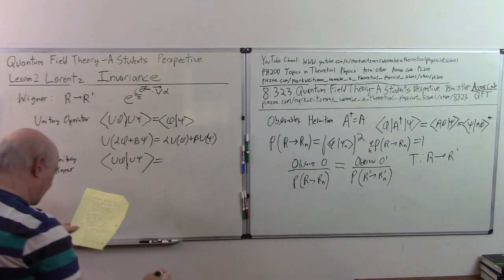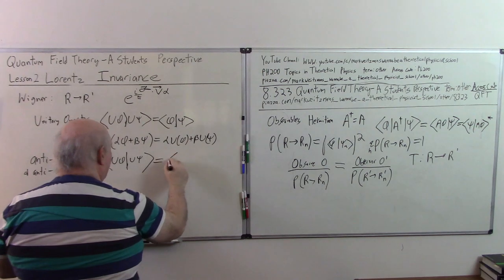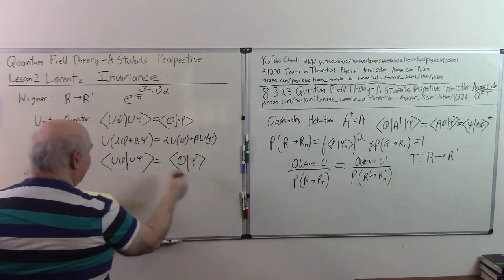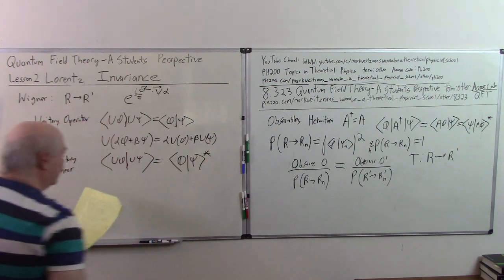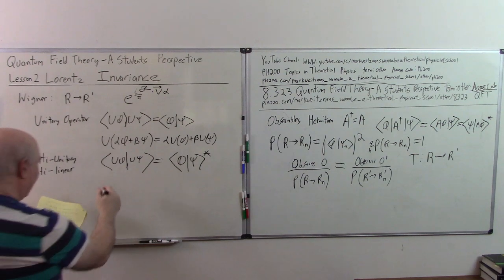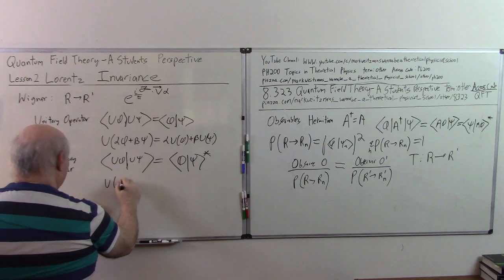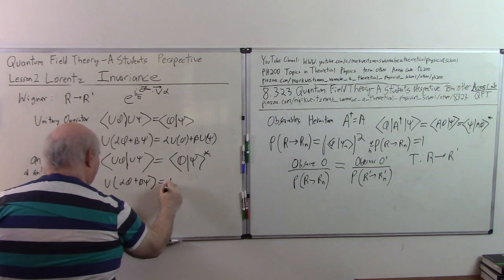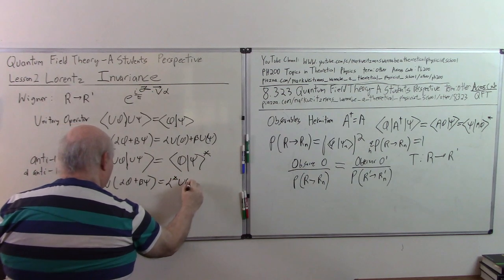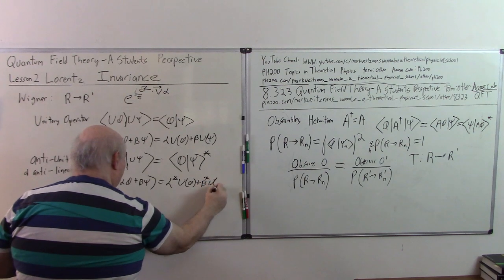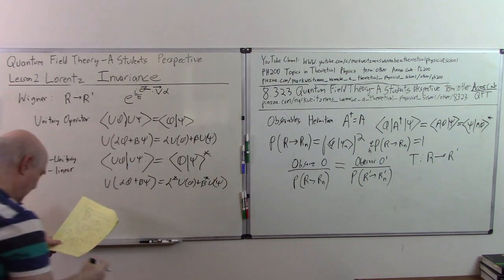So u phi, u psi is now equal to phi, psi. You might say it's the same, but you have to take the complex conjugate. That's the difference. And it gets even worse because it's antilinear. So you're going to have u of alpha phi plus beta psi equal to alpha star u phi plus beta star u psi. Okay.